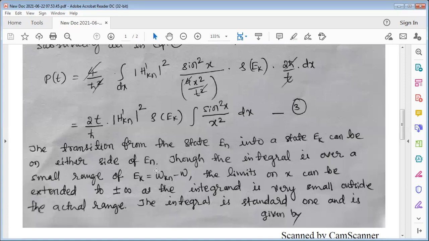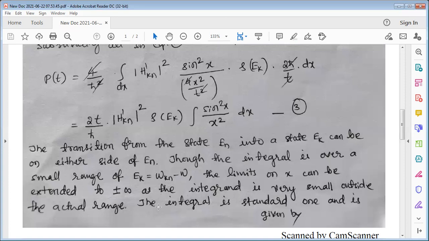So even though you are changing the integral limits to plus or minus infinity, nothing happens, because this variation is over a small range of energy, and beyond that small range, this function is zero.